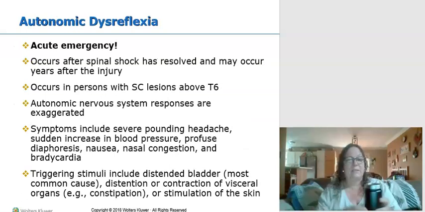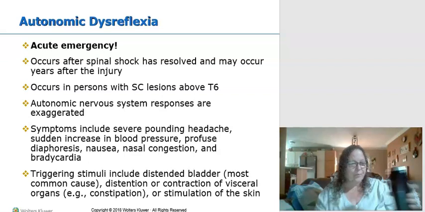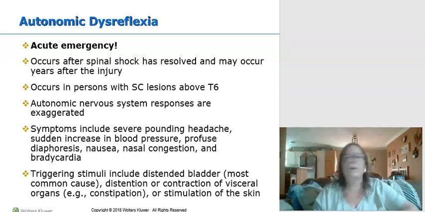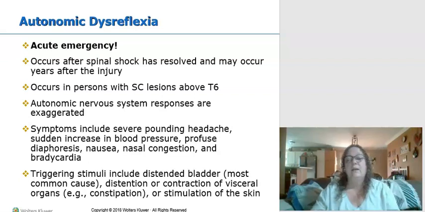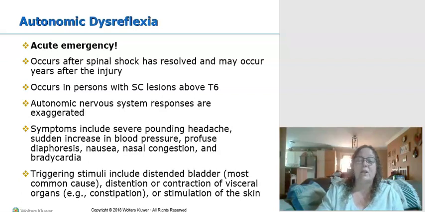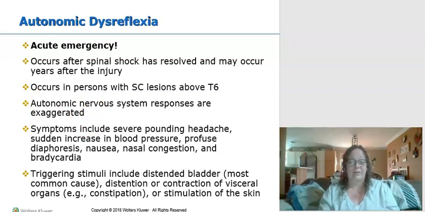So autonomic dysreflexia, this is an acute emergency. And this occurs well after the initial injury, right? So this occurs after spinal shock is resolved, and it may occur years after the injury. This occurs in people with spinal cord lesions above the level of T6, and the autonomic nervous system responses are exaggerated.